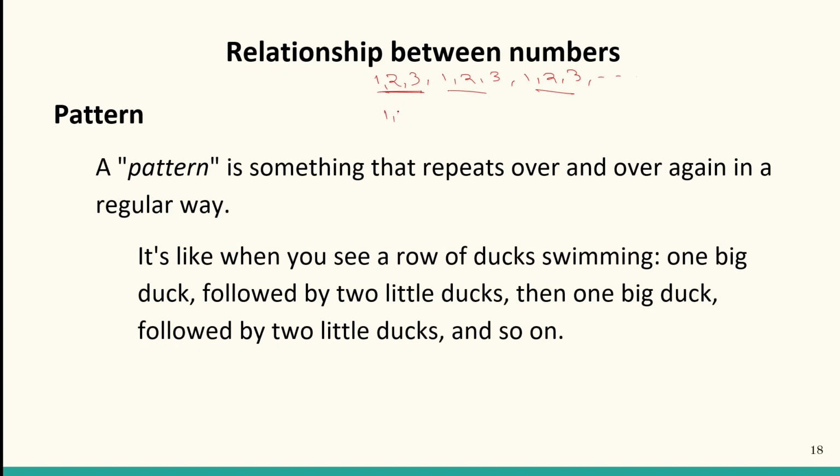But if you see 1, 2, 3, 4, 5, 6 and so on, this is a sequence, but it's never repeating. So all the sequences can't be patterns, but all the patterns are sequences. Patterns are basically sequences where things are repeated over and over again in a regular way.